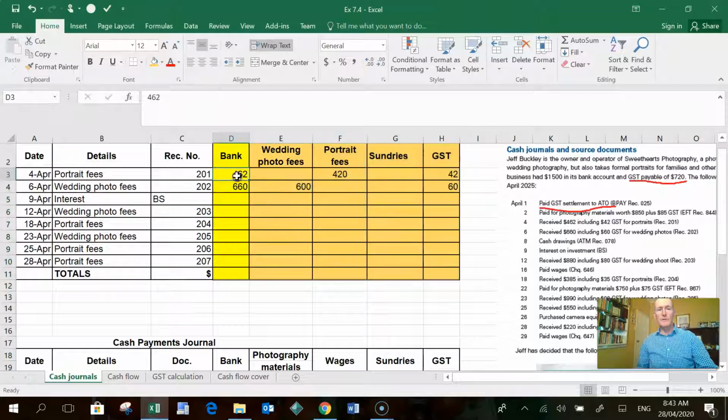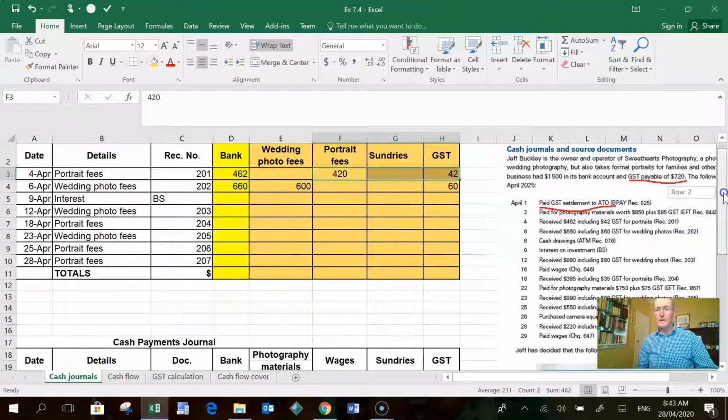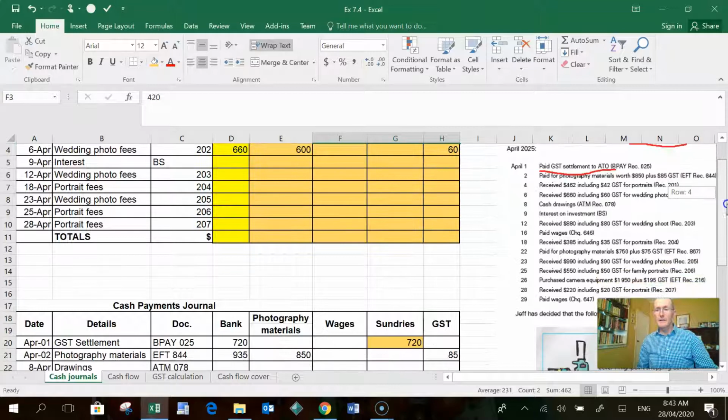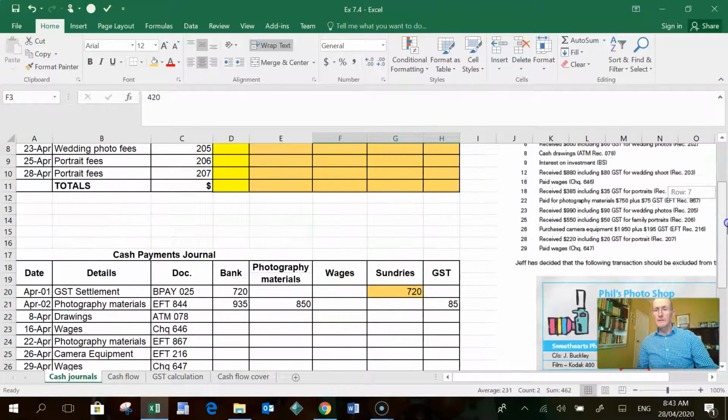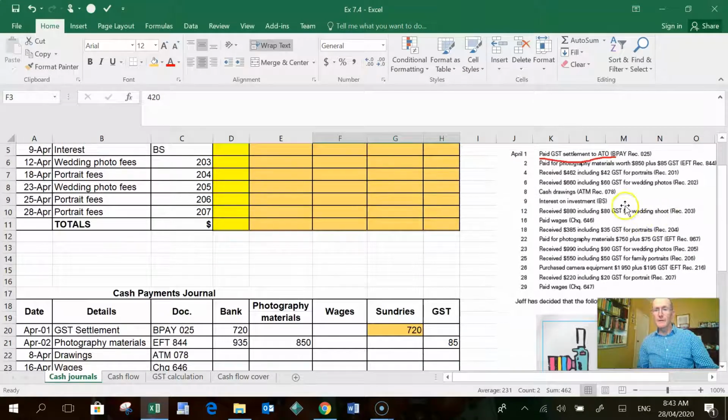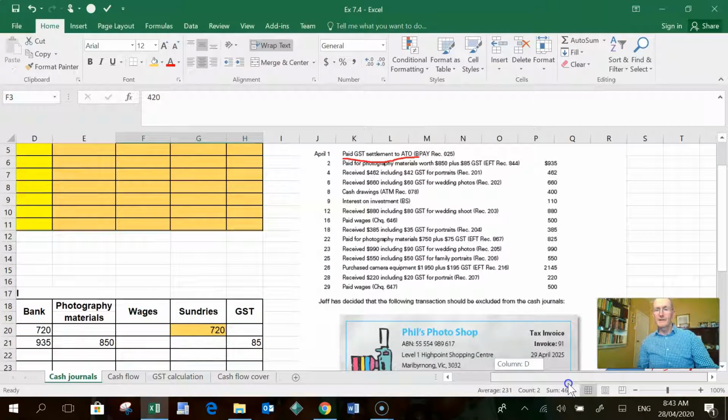Make sure that what's in here equals the two amounts, or one amount maybe, on the right of that bank column. Cash drawings, so we go down to it. It doesn't say what they are. Yes, it does. Got to go across here, don't I? Cash drawings of $400.